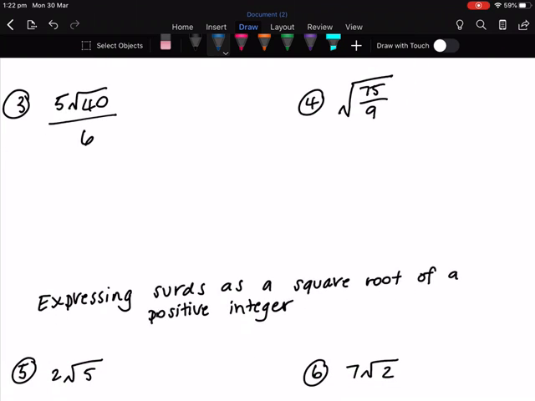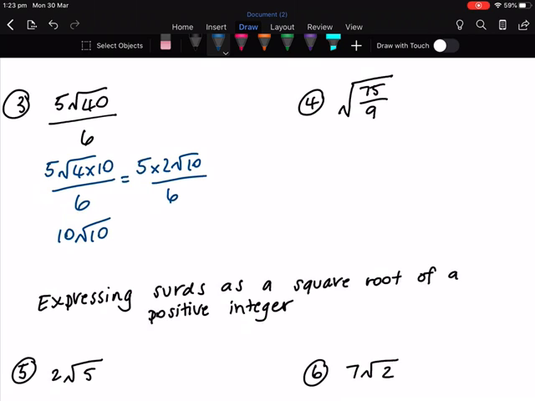Next one, 5 times the square root of 40, divided by 6. So, again, look for a square factor of 40. Straight away I can see 4 and 10. So that becomes 5 times the square root of 4 times 10 over 6, which becomes 5 times 2 root 10 over 6, which becomes 10 root 10 over 6.